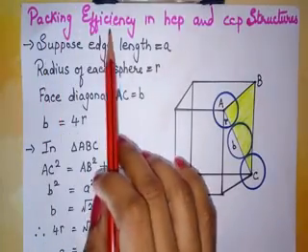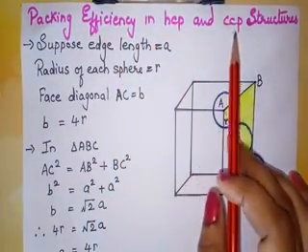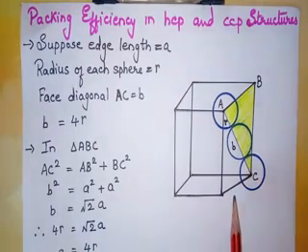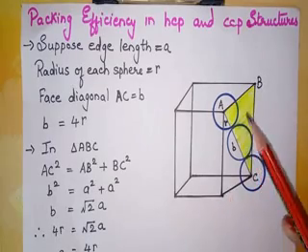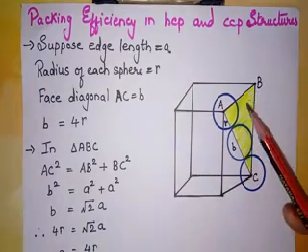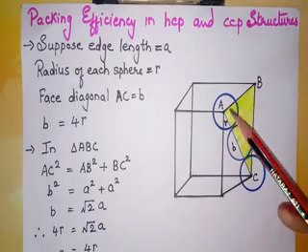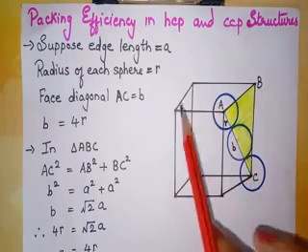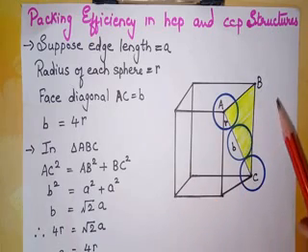Next, packing efficiency in HCP and CCP structures. So this is a unit cell. CCP is similar to FCC. So here you have atoms at the corners, that is over here, and atoms at the center of each face.